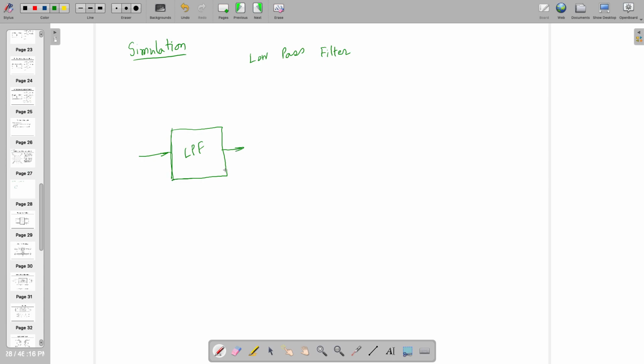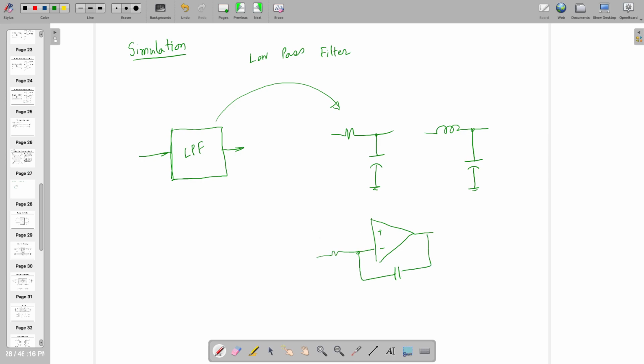However, when you click this twice, you should go to the internal diagram, where you might have this kind of structure, or this kind of structure, or something different than this one, right?